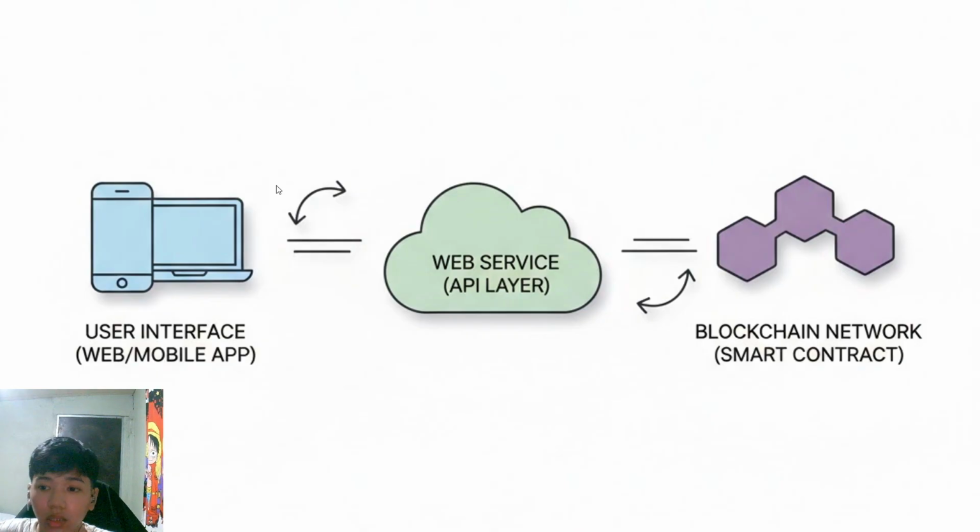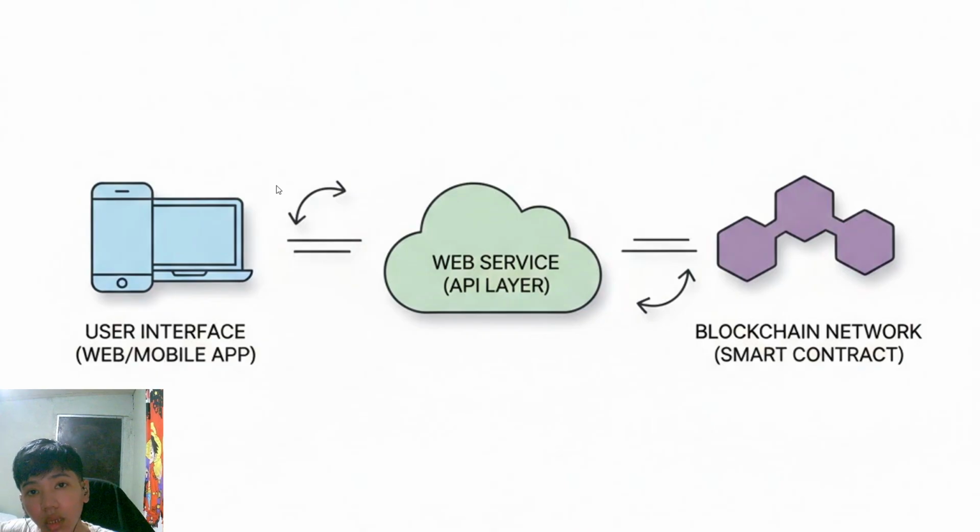Number two is writing the data. The application sends a simple request. For example, if we want to transfer $10, the web service is now responsible for A, validating the request, B, formatting the data for the blockchain, C, signing the transaction with the required private key, and D, submitting the signed transaction to the blockchain network.